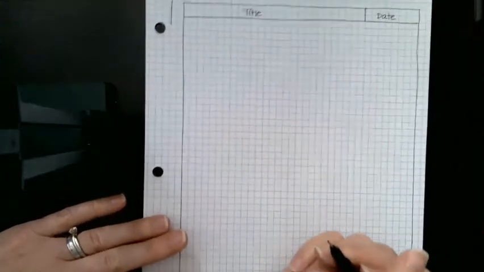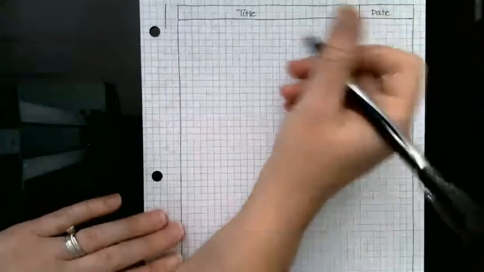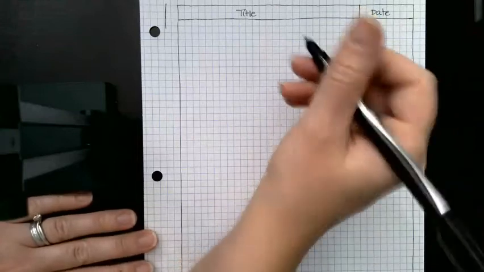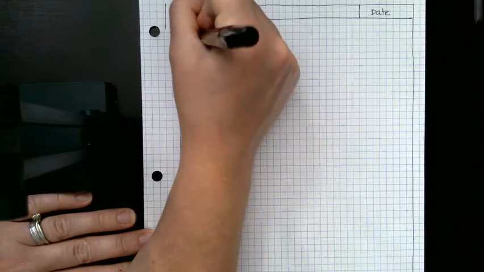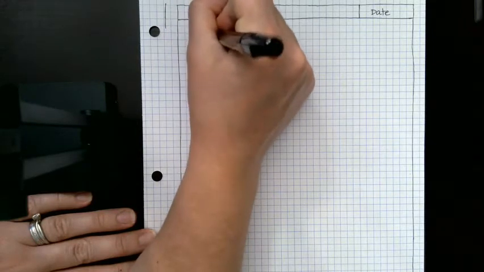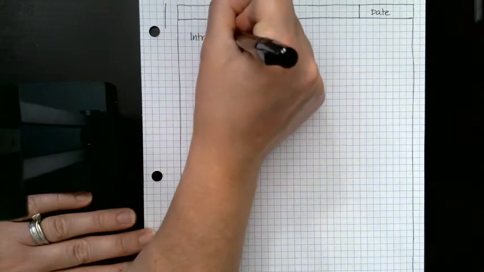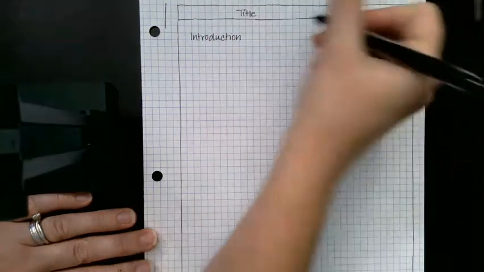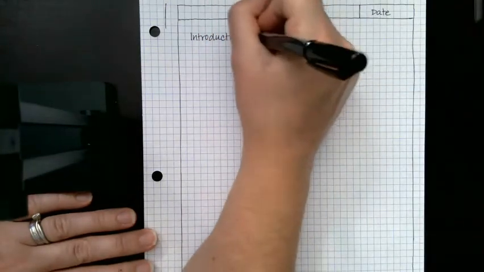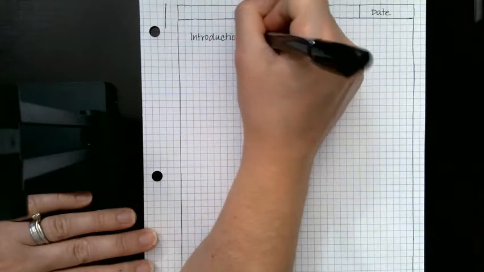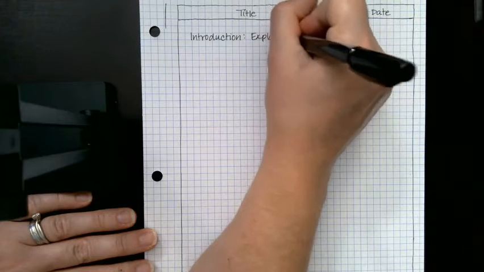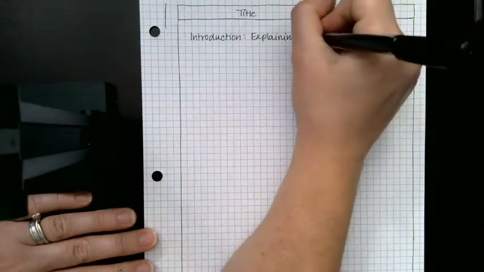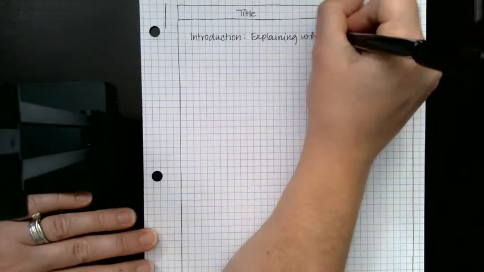Now you're probably wondering what I'm going to put in here. We're going to start off just about every activity with an introduction, and that's going to be explaining what the person is going to read or see.